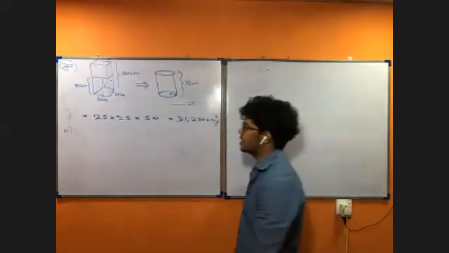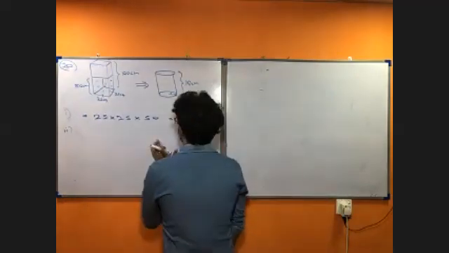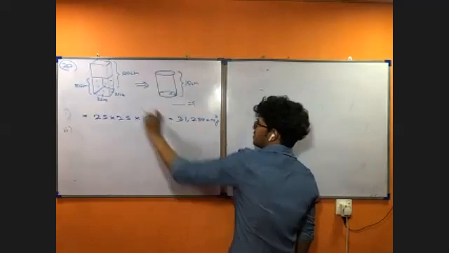So in that case, what can I write? 31,250 is this half, right?